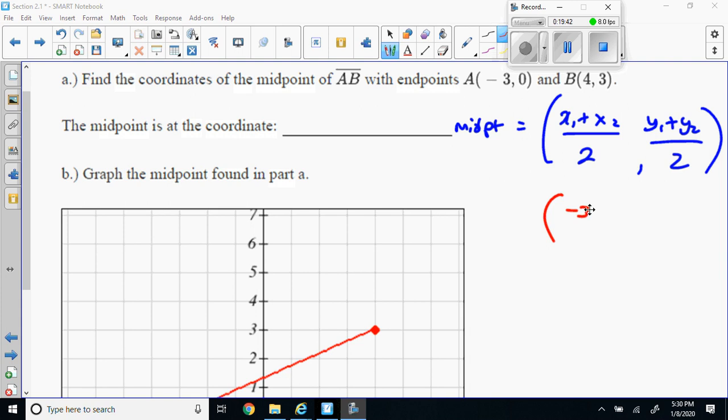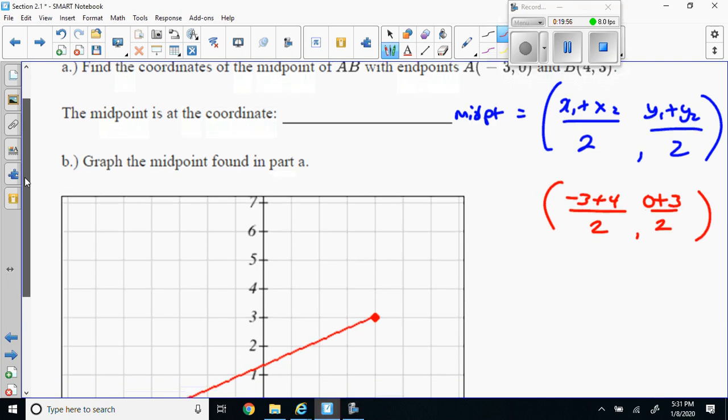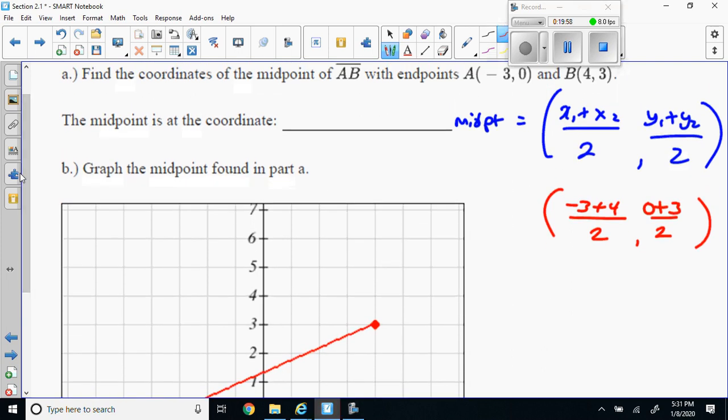X is -3 plus 4, right, over 2, comma, and the y values 0 and 3, right? 0 plus 3 divided by 2. So we'll move this up so y'all can see it just a little bit more. Negative 3 plus 4 is 1. So I'm looking at 1/2, comma, and then 0 plus 3 is 3.